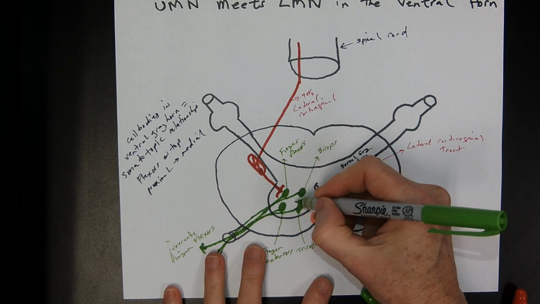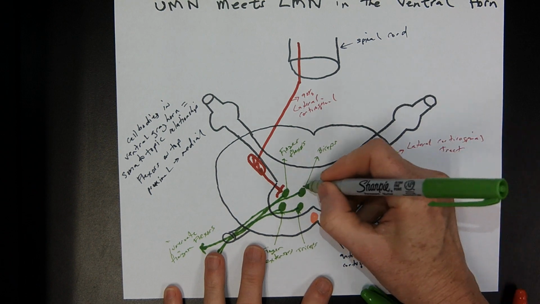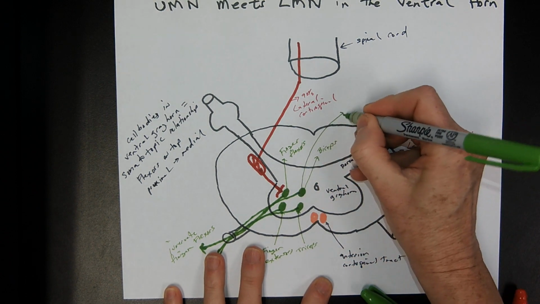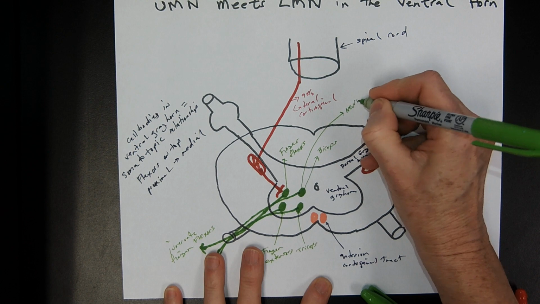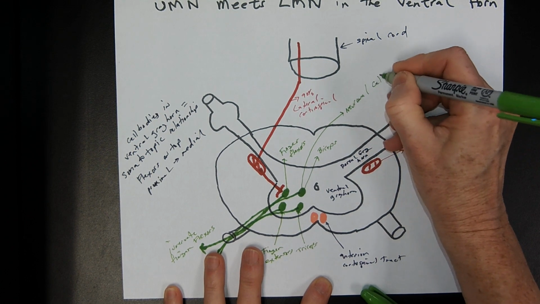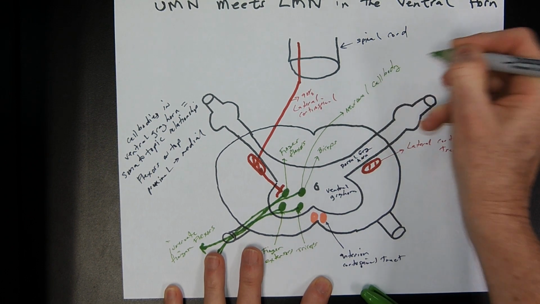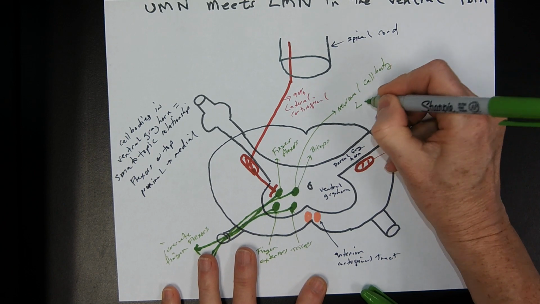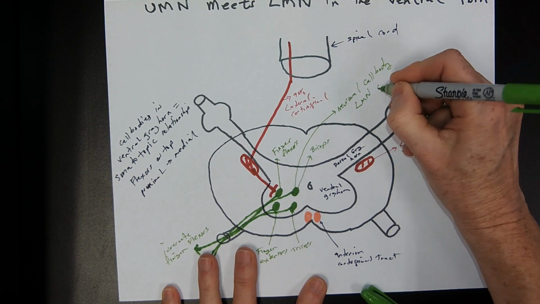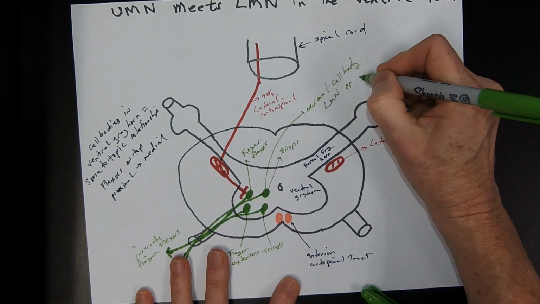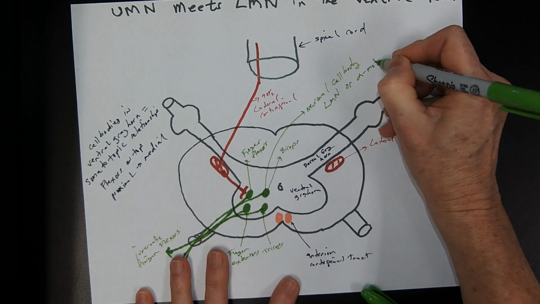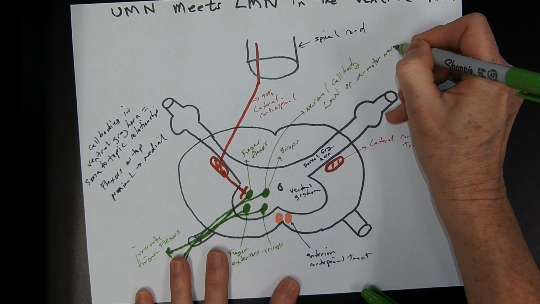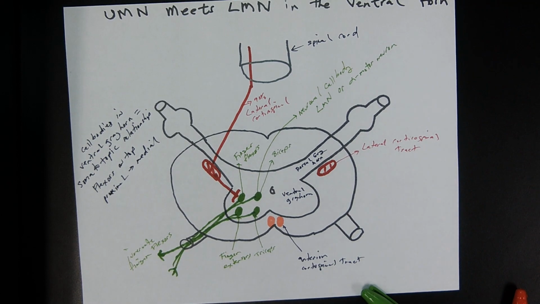These neurons here, these are the neuronal cell bodies for your lower motor neuron, or another word you might hear is alpha motor neuron. Okay, so the lower motor neuron cell bodies reside in the ventral gray horn in the spinal cord.